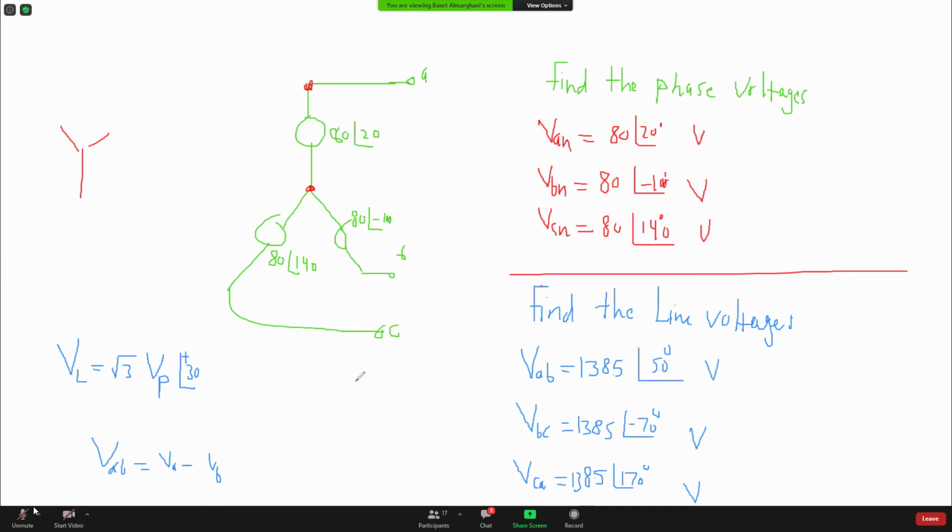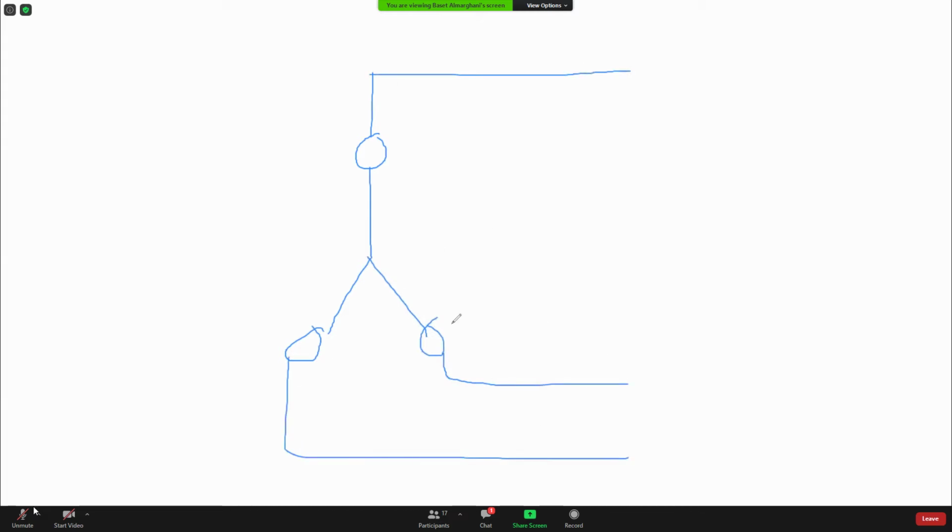Yes, sir. Okay, now there is another thing for Y connection, which is the current. There is a phase current and line current as well. So I'm going to erase this. This is the Y connection again, the three sources. There is a current coming from the source and going to the load.